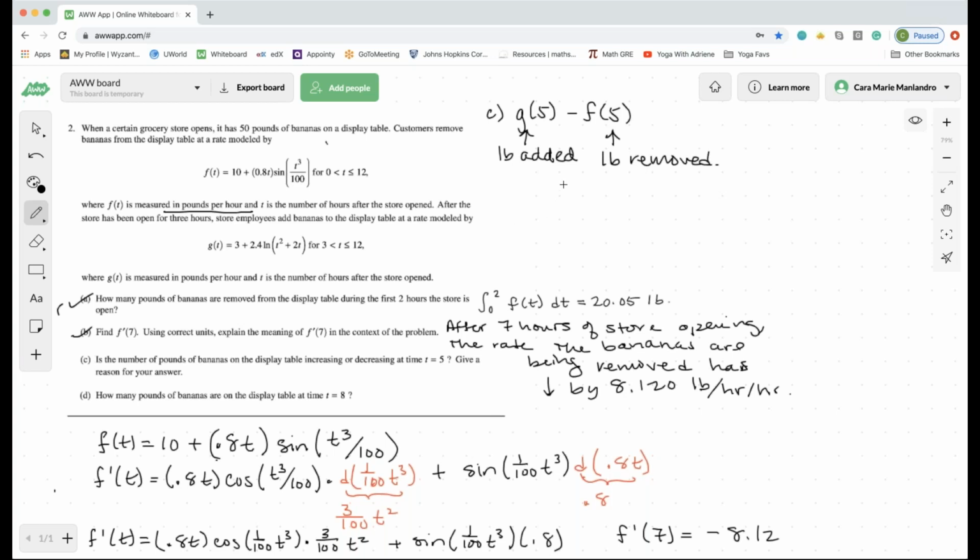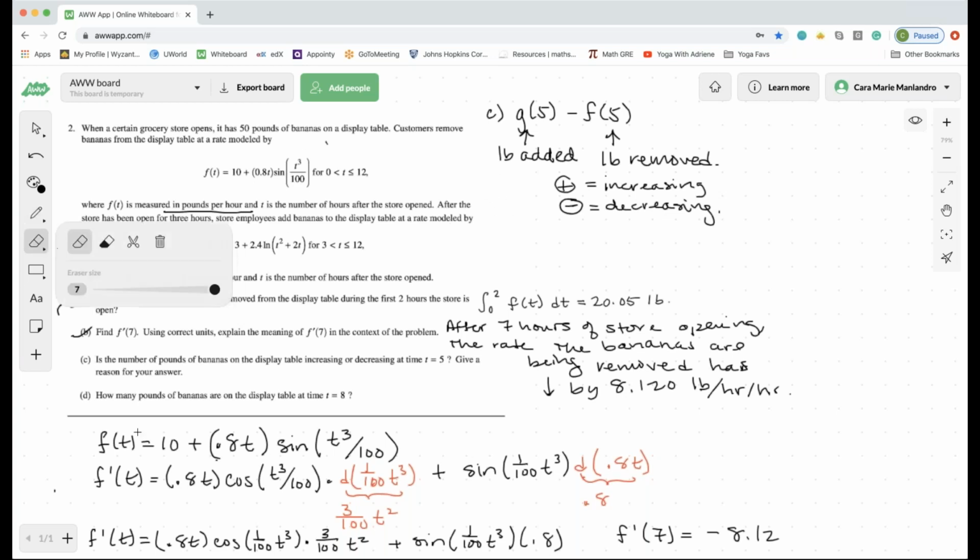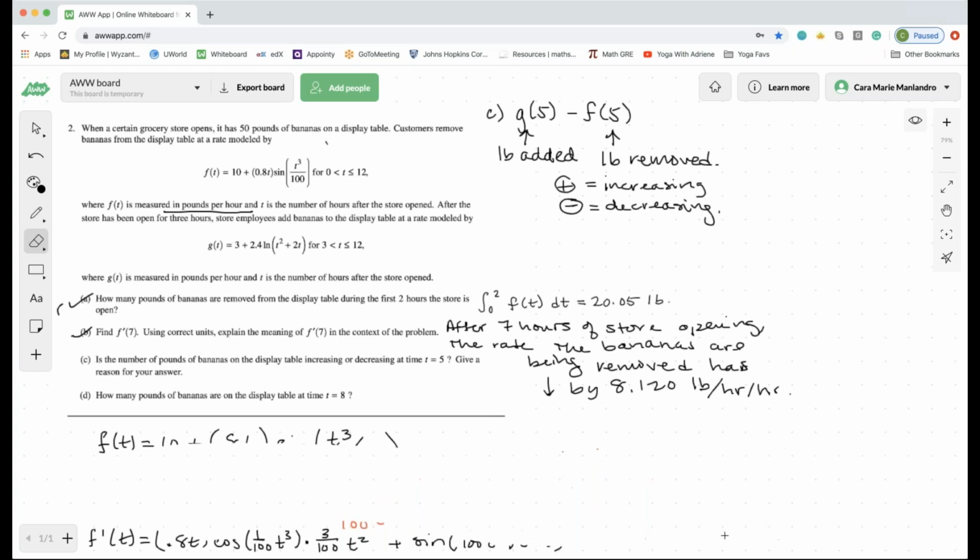If we get a positive number, that means we should be increasing, and if I get a negative number, it should be decreasing. Not too terrible. Let's go through and figure out what g of 5 and f of 5 are.